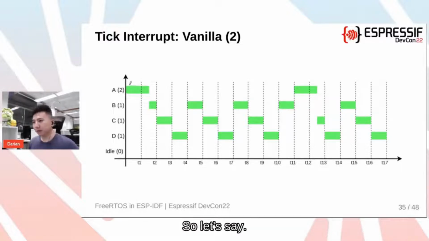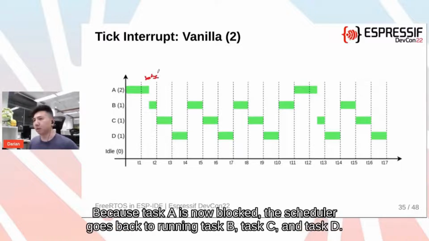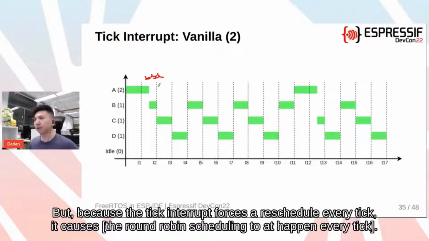Let's say here's where time starts, and then task A is being run by the CPU, and at some point task A blocks. Because task A is now blocked, the scheduler goes back to running task B, task C, and task D. Because the tick interrupt forces a reschedule every tick, it causes the round robin schedule to happen every tick.